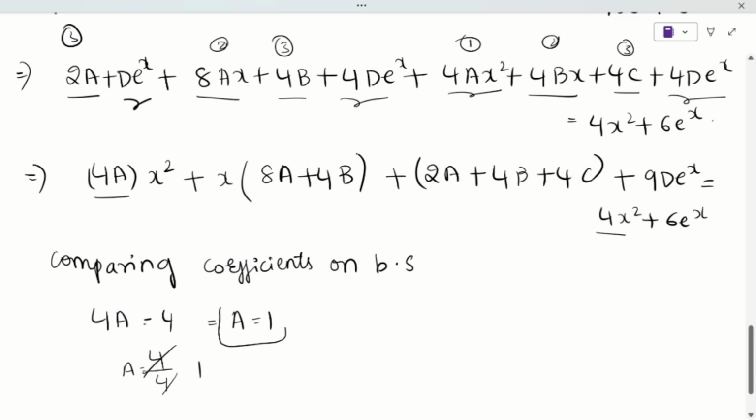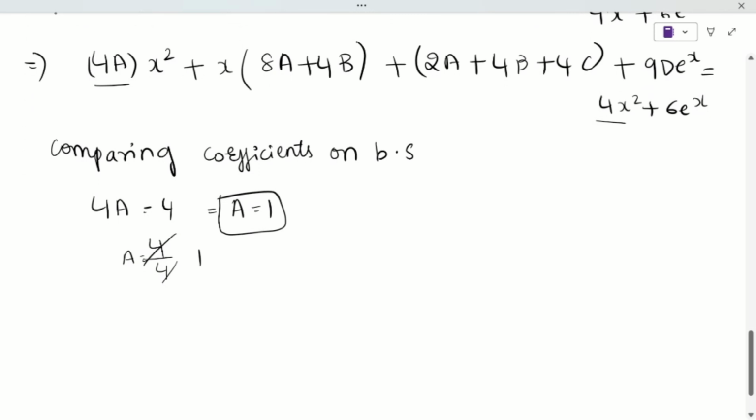Now finding the next thing, that is d. 9d equal to 6, I mean the e power x term 9d e power x. 3 2s are 6, 3 3s are 9. So the answer for d is 2 by 3.